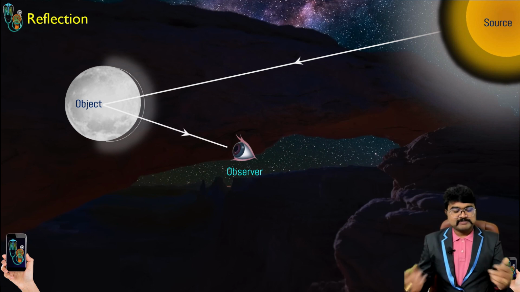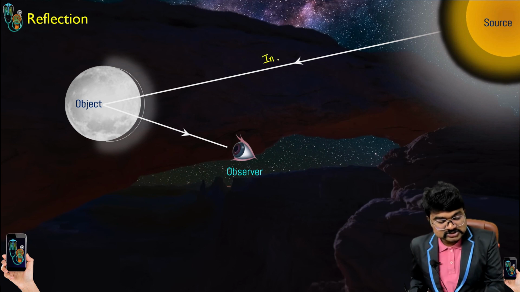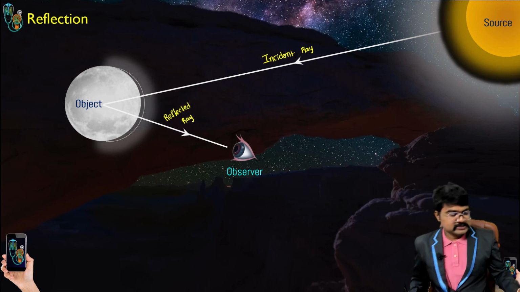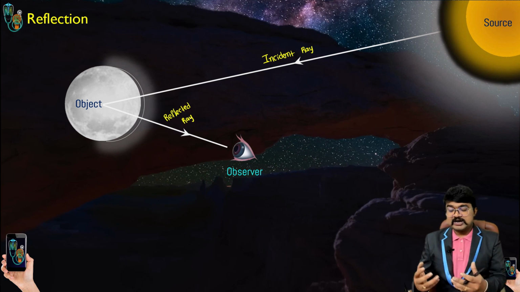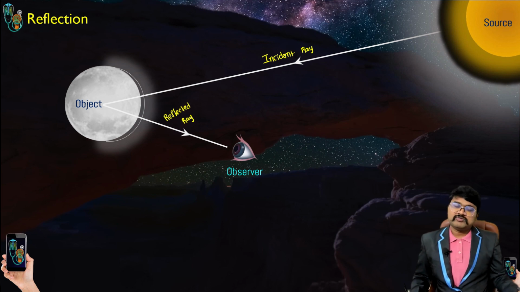Okay, so in this manner, this is the incident ray and this would be the reflected ray. So you are able to see that object, you will get the perception of vision.